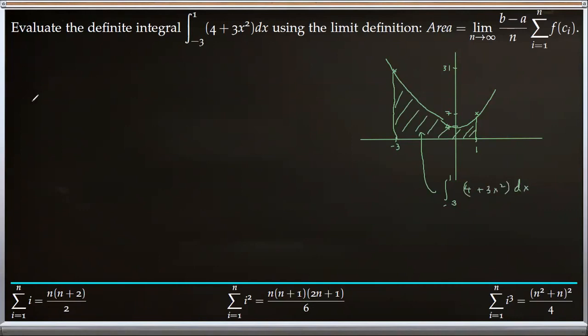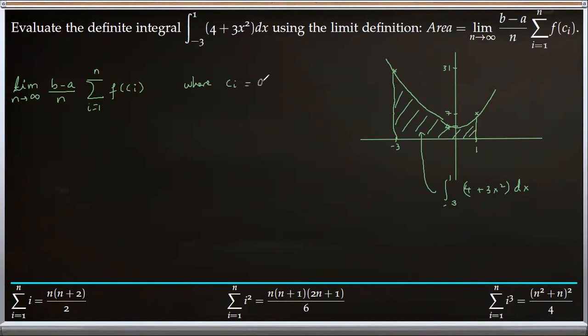So we start by writing out the formula. Limit n goes to infinity, b minus a by n, sum i equals 1 to n, f of ci is the formula we have for area, where ci, we can again use the right endpoints like in the last example.